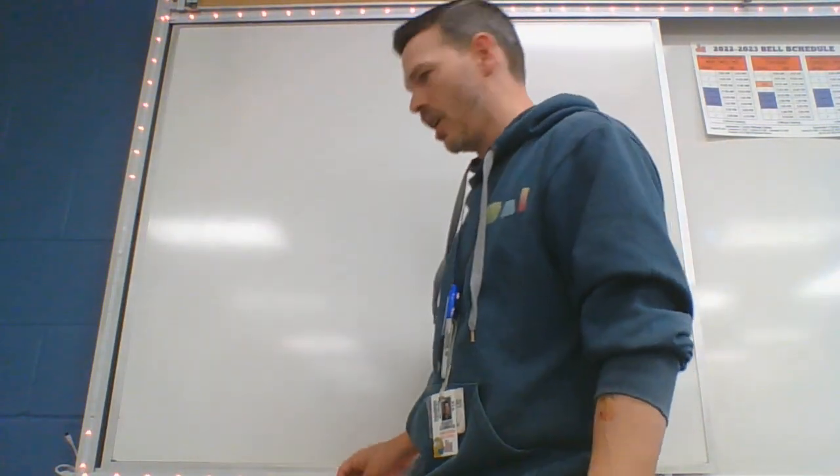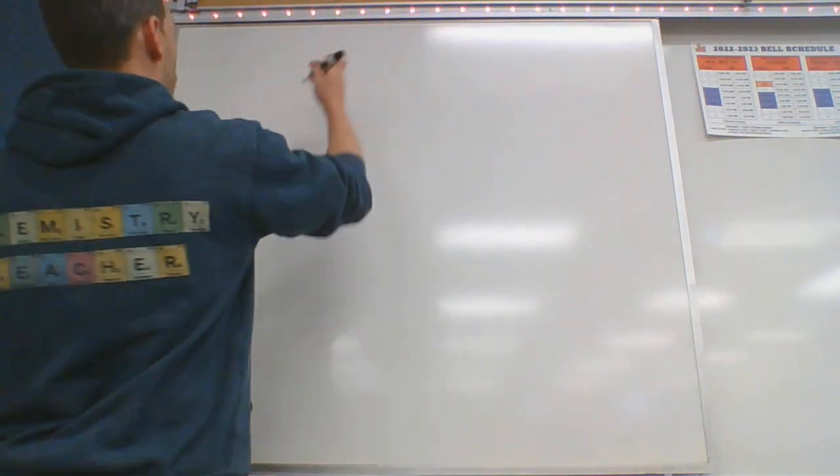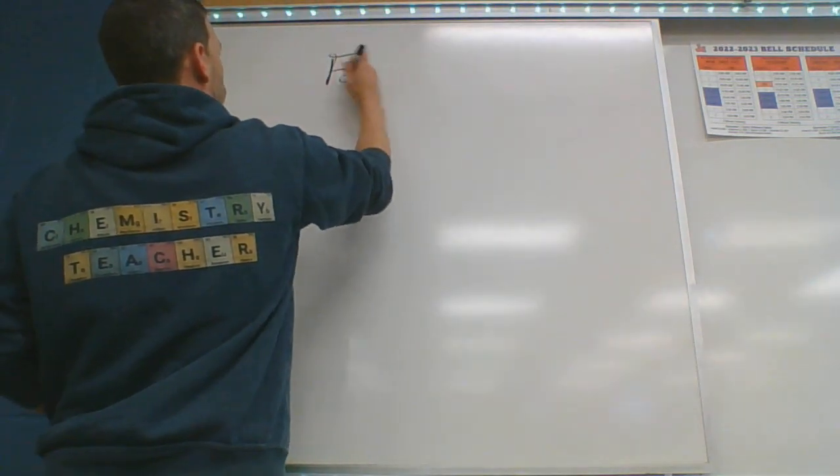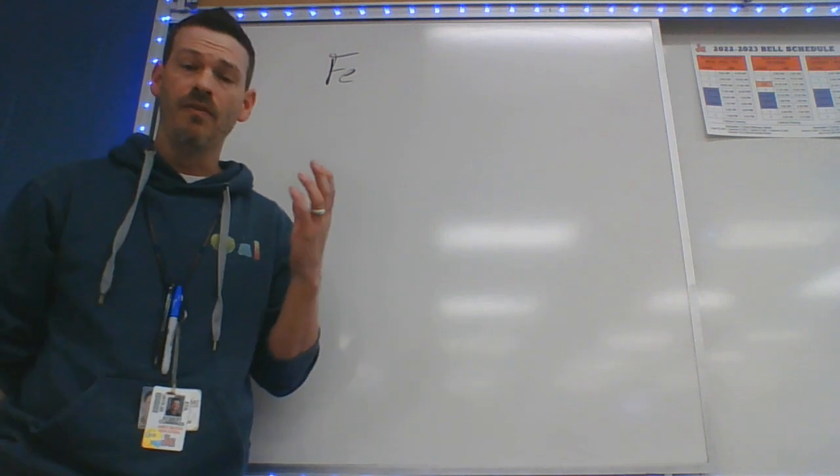So here we go with our first one. All right, we're working together, but I want to do the orbital notation for iron, is what it says on the screen for those of y'all at home. The orbital notation of iron.